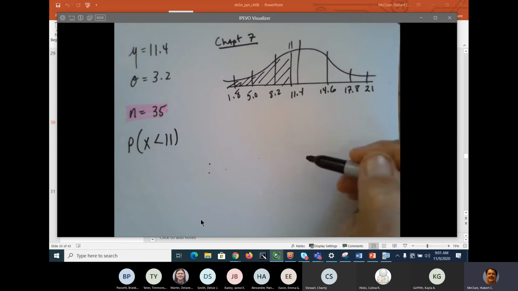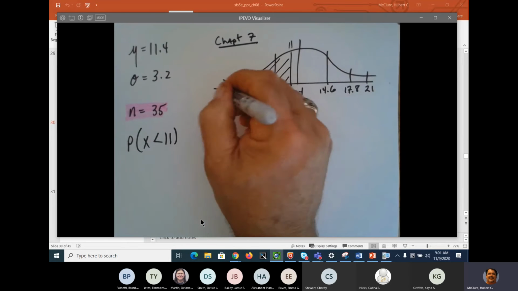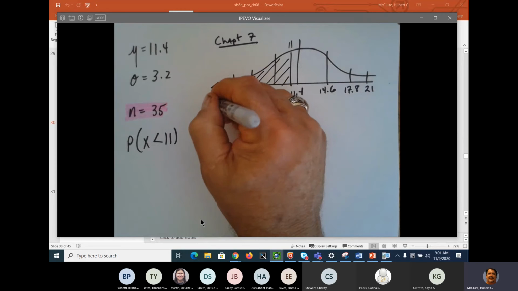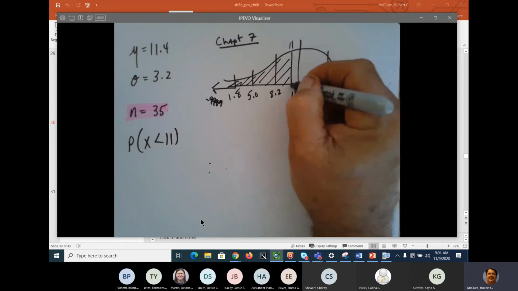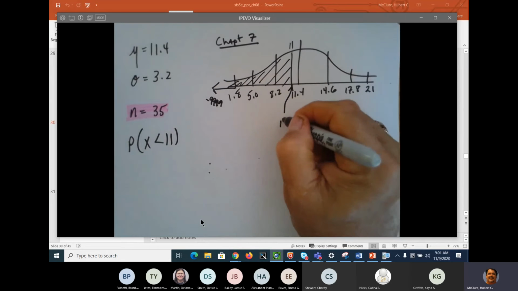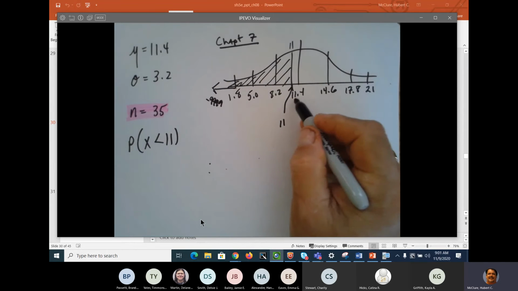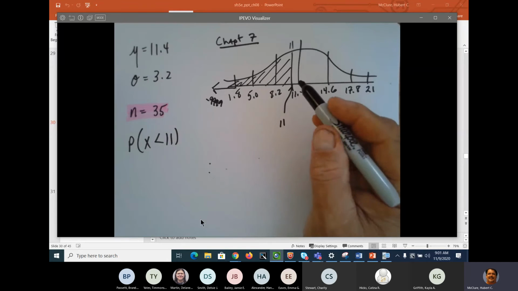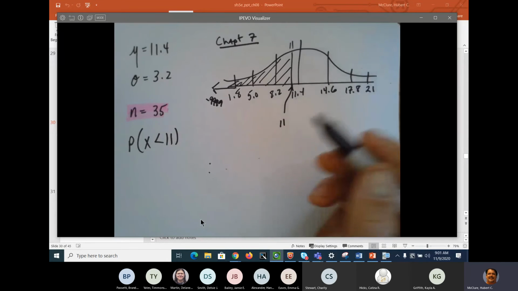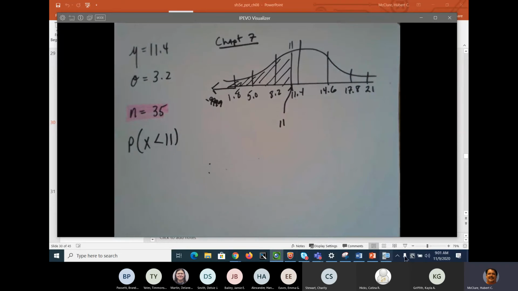Well, if you've got a new calculator, you would do from negative 9999 to 11, and put in a mean of 11.4 and a standard deviation of 3.2. Bada bing, you get an answer. So we'll do that.